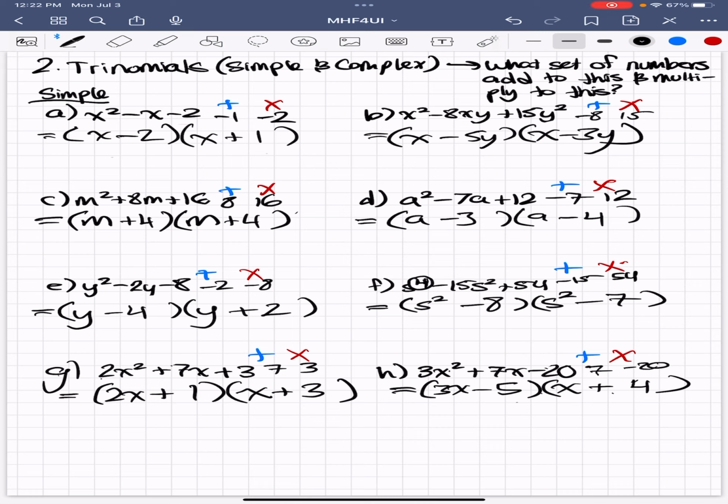It does result in positive 7, and multiplied together results in negative 20.